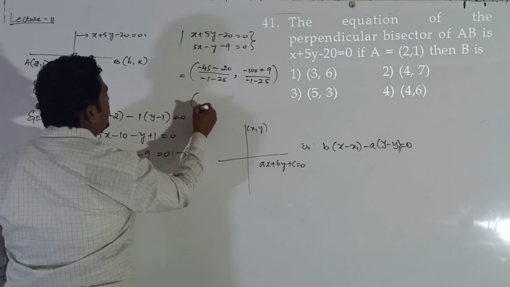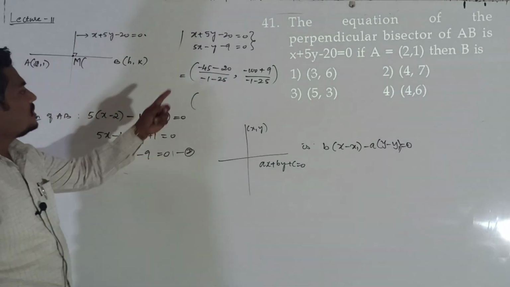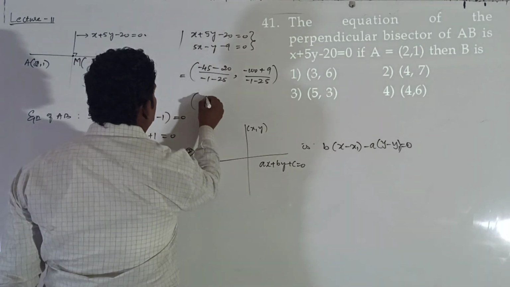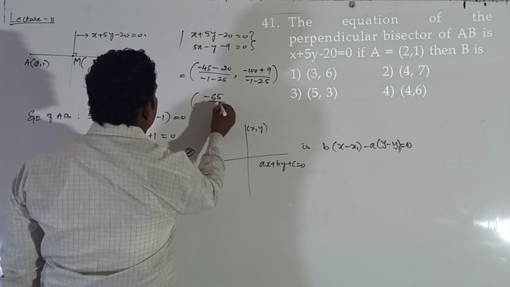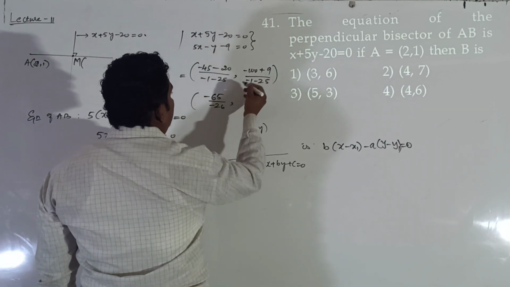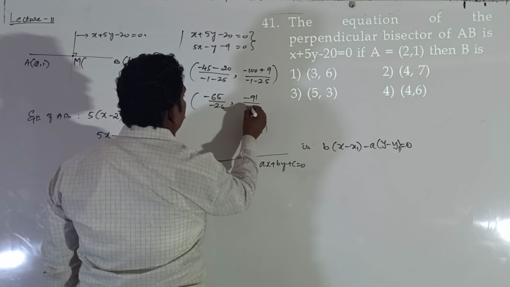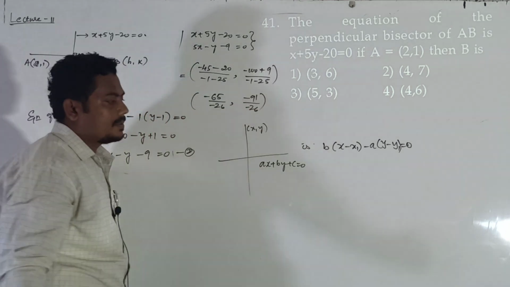After simplification, it will be minus 65 divided by minus 26, comma minus 100 plus 9 means minus 91 divided by minus 26, right?